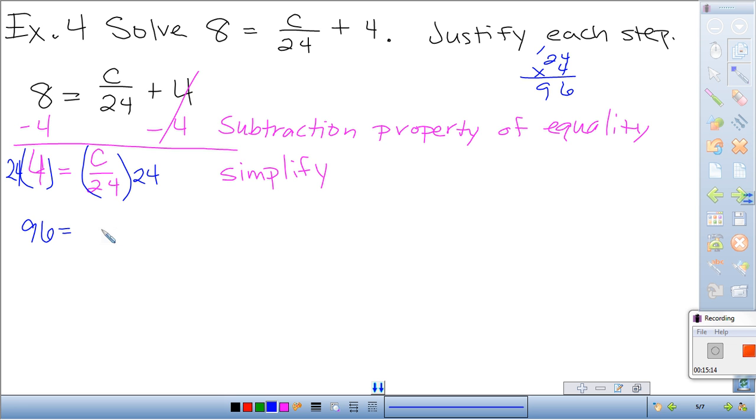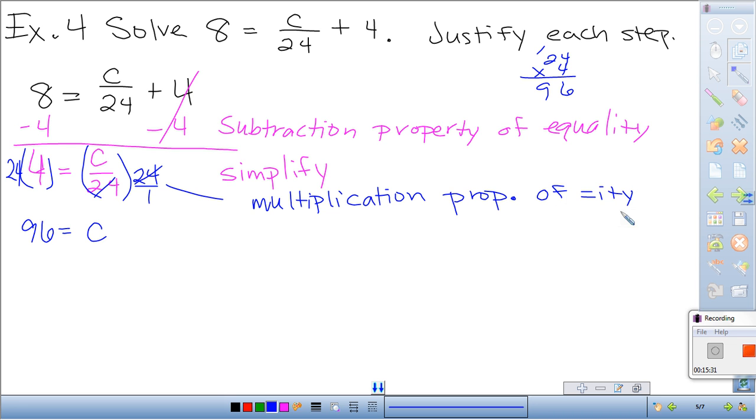Bring down your equal sign. 24 over 1, so these cross cancel and we're left with C. So here this step would be the multiplication property, just abbreviating it, of equality. That's an equal sign, equality. And again, we simplified to get this very last step.